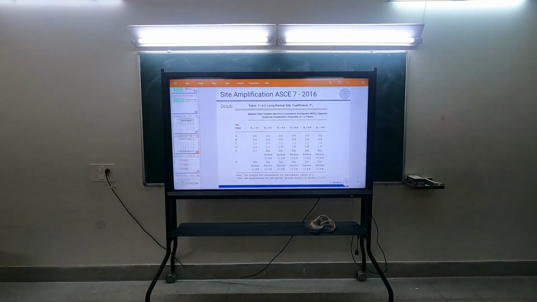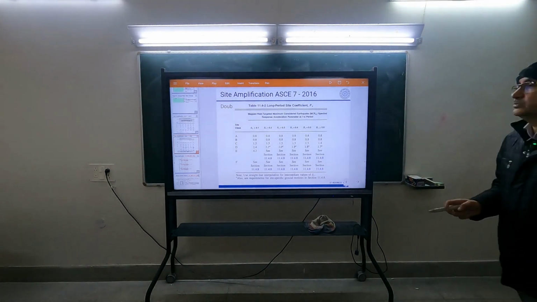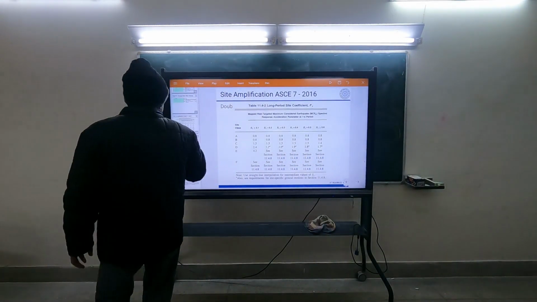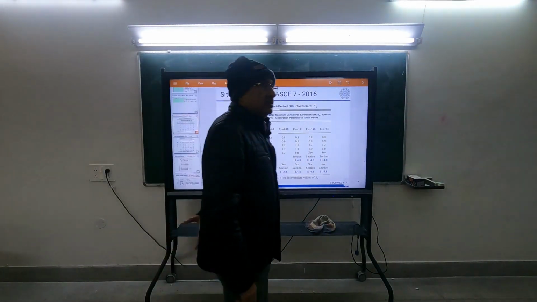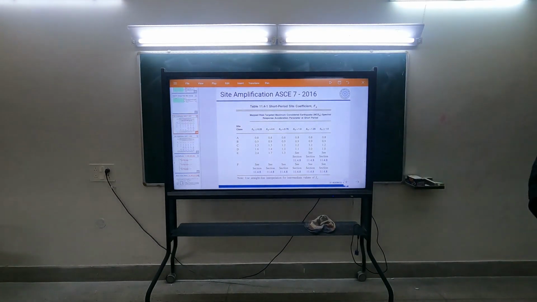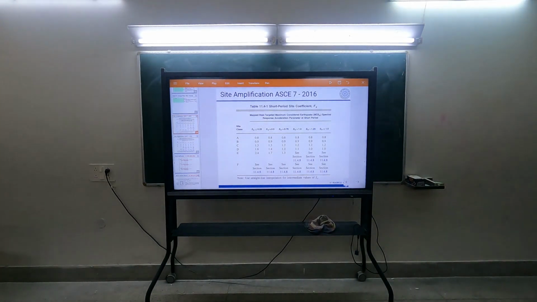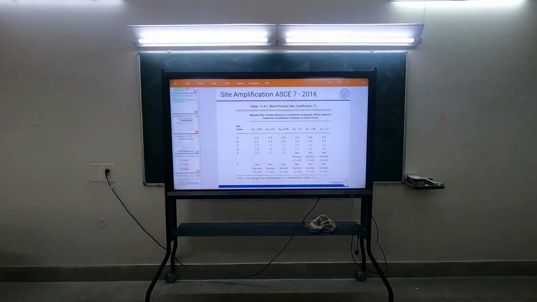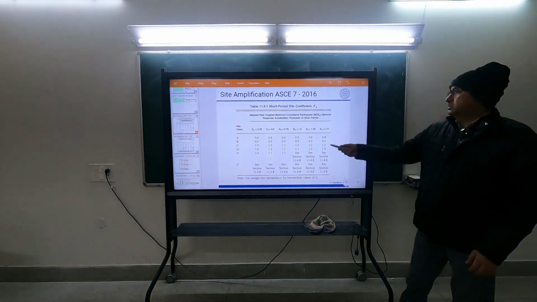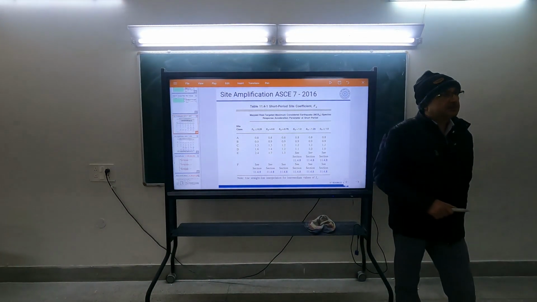For a given class, the FV is higher than FA, okay? Secondly, both FA and FV decrease with increased intensity of ground shaking. And FA approaches 1 in higher zones, higher intensity.